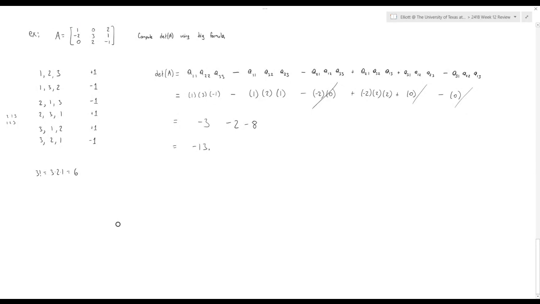So we'll talk about some more efficient ways of computing the determinant now. Using the big formula is quite tedious. You would pretty much never use it unless you were told to use it.